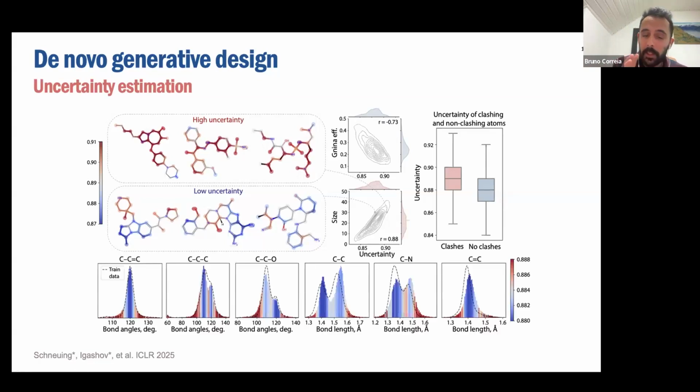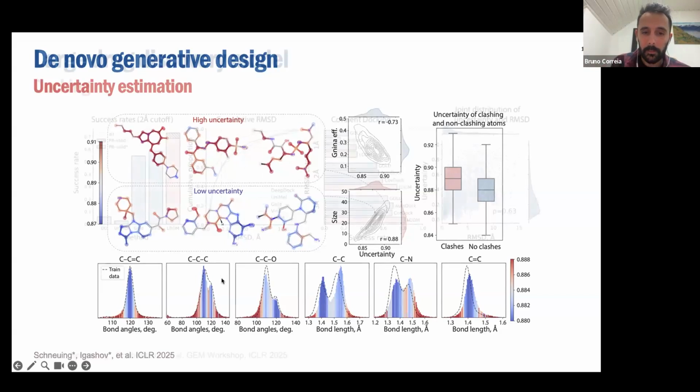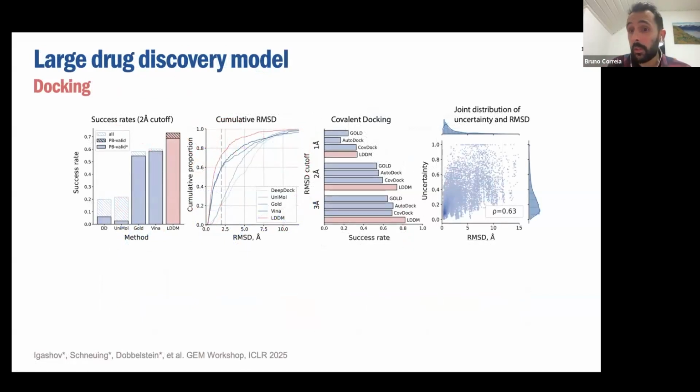And what we see is that at least in terms of some of the physical characteristics, the score seems to express what it should express, since the bond lengths and bond angles need to be within particular ranges, and we see that the score does recognize that, as you've seen here in the latest plot. Now we then also started testing if this was good for docking.